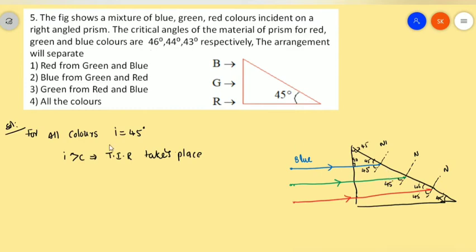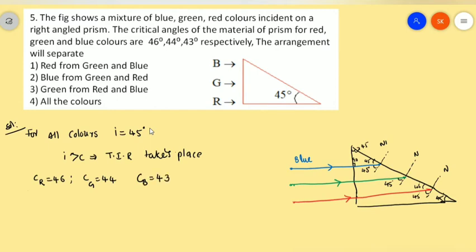That is more than the angle of incidence. Critical angle of the red color is 46. Critical angle of the green color is 44. Critical angle of the blue color is 43, right?